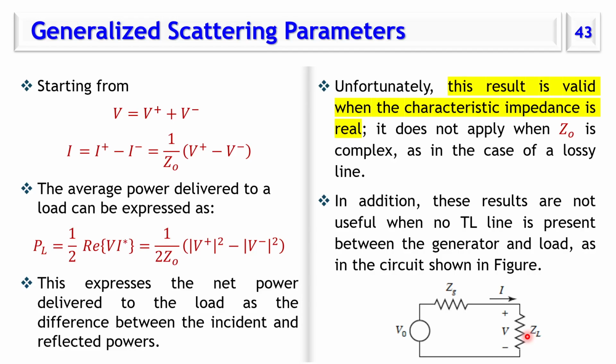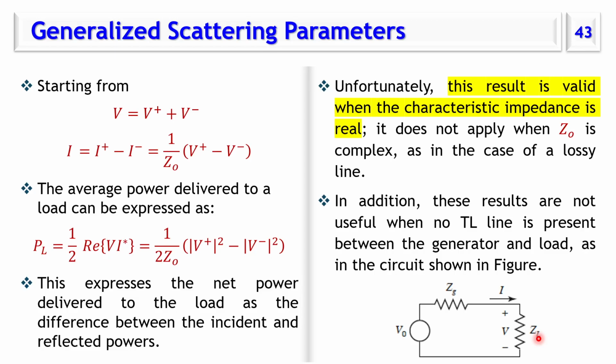So a new idea was introduced to make the scattering matrix a more general tool. Cases like non-real characteristic impedance, when the characteristic impedance is complex, don't fit the current structure of the scattering matrix, and also when we have no transmission line nor waveguide in the circuit, it's hard to use the scattering matrix.